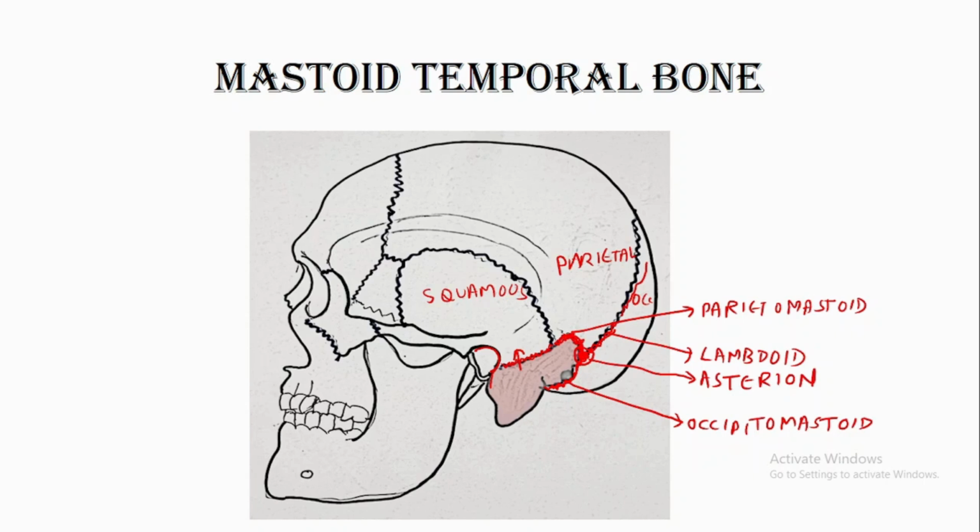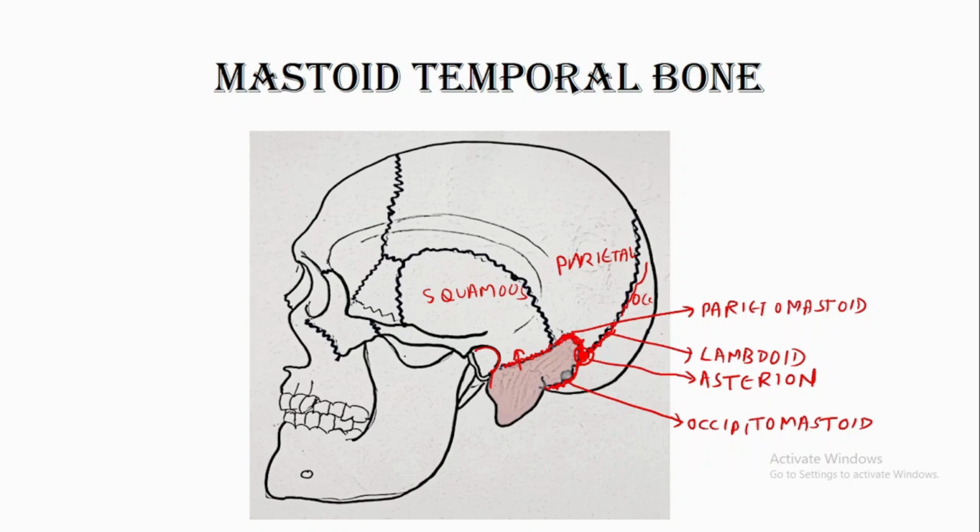In infants, this asterion is the site of a fontanelle, which is the mastoid fontanelle. It closes at the end of the first year, and as the skull develops, the mastoid fontanelle gets obliterated, and this point where all these three sutures meet is called asterion.